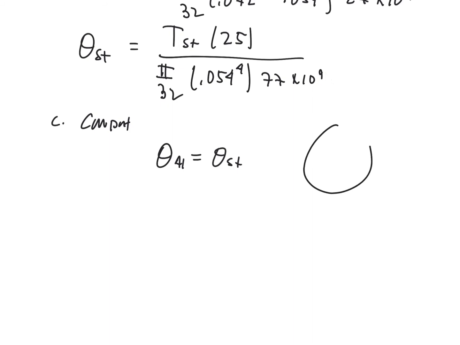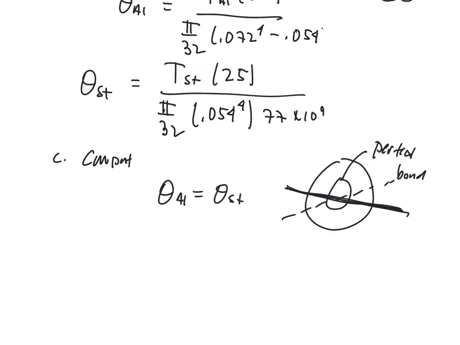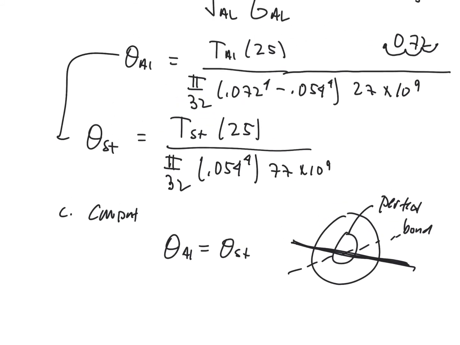In other words, if you weld a bar across this thing, everything is fixed. We don't know what it is, but there's a perfect bond between the steel and the aluminum. That means if you take a bar across it, or a piece of spaghetti, and you twist it, it ends up like this. They're both rotating the same amount. So the angle of twist is the same for both segments. So what we're going to do is equate these two together. That is how we're going to solve this problem.